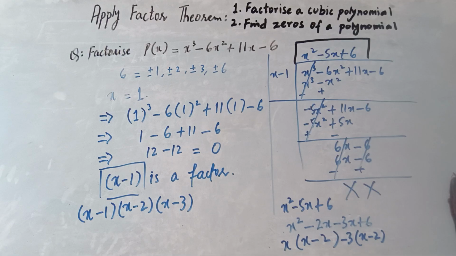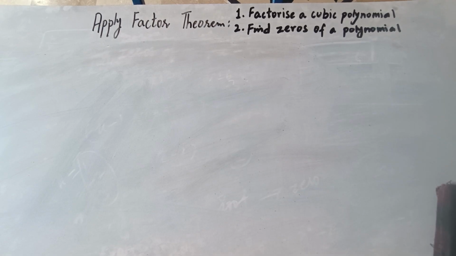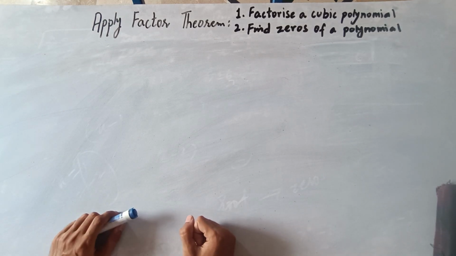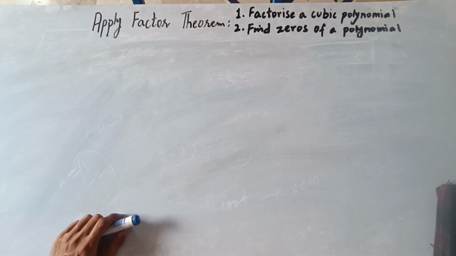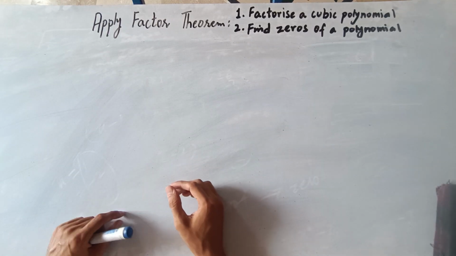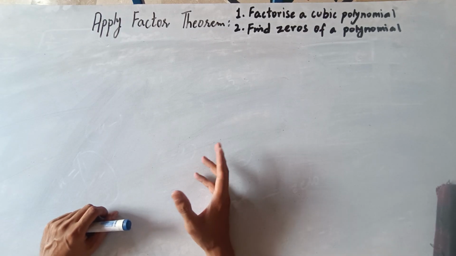So now let's understand how to find the zeros of a polynomial. Alright everyone, after understanding how to do factorization of a cubic polynomial, now we will talk about zeros of a polynomial. Zeros of a polynomial is not a new thing, it's very easy.